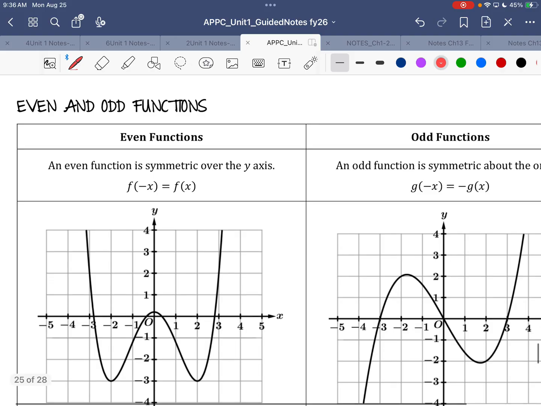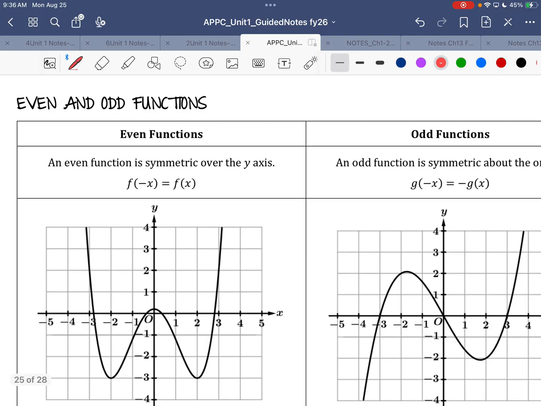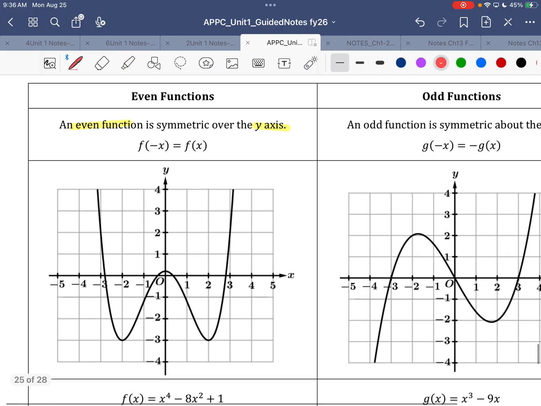All right, even and odd functions. This is another thing that is nice in pre-calc that helps make your life easier in calc. So an even function specifically is where we have y-axis symmetry. With an even function, whether I have a positive input or a negative input, they equal the same output.